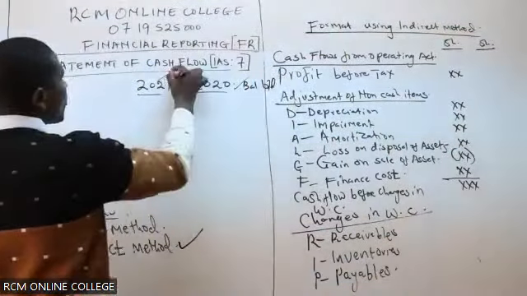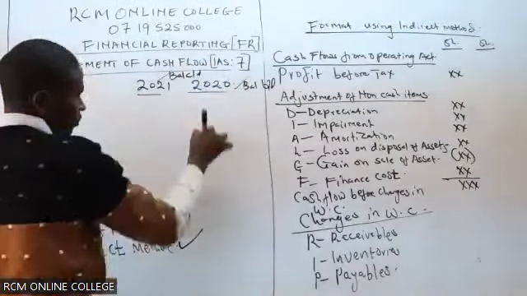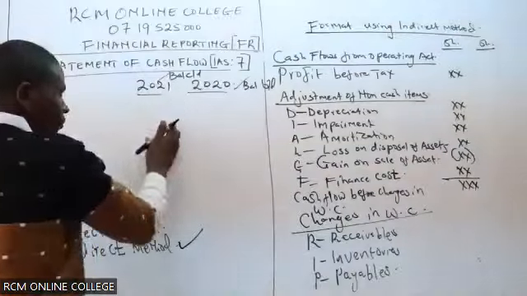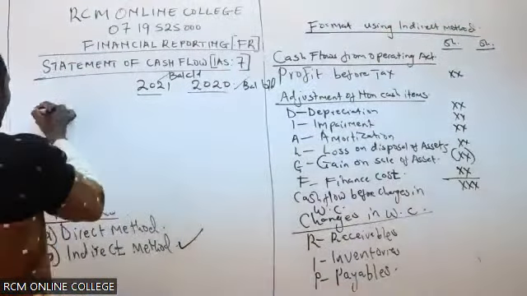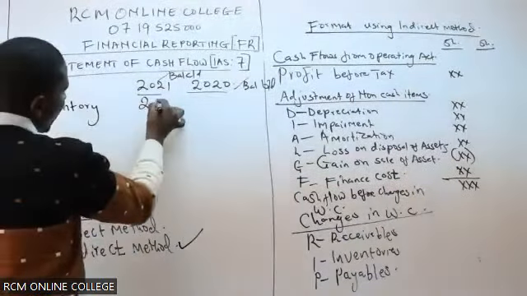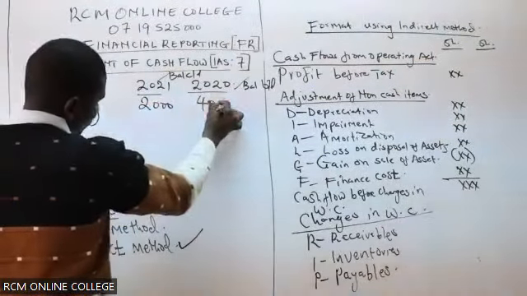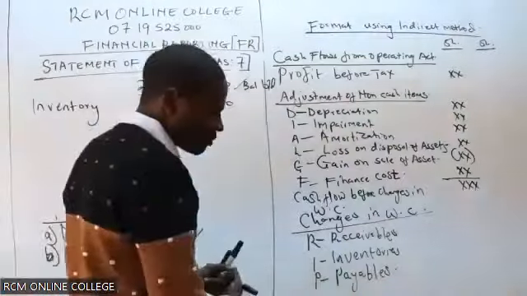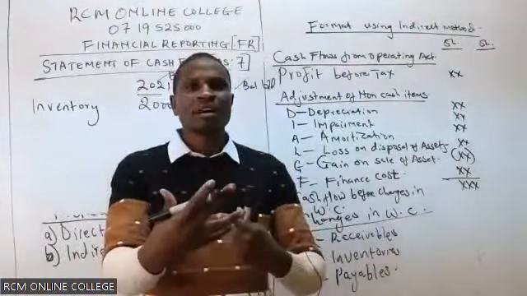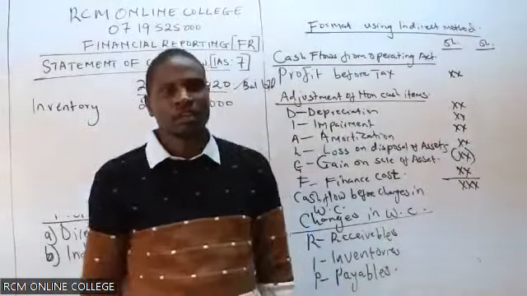And this is for balances that are carried down. Note that. Balances brought down, balances carried down. So if I have inventory here, here I have 2,000 and here I have 4,000. I want a good student to tell me what happened to inventory. Did these people purchase or did they sell the inventory?